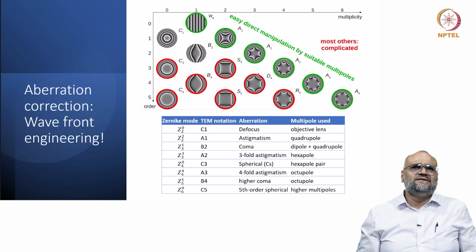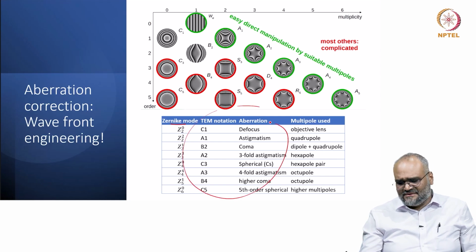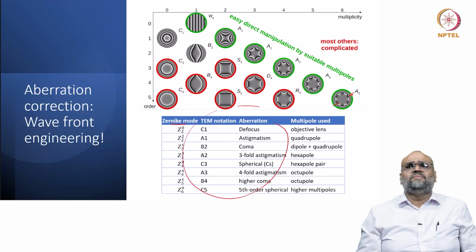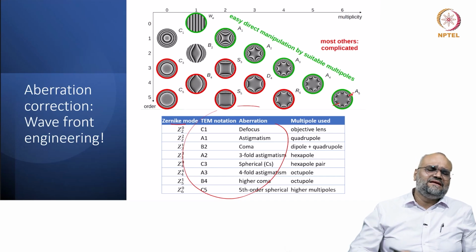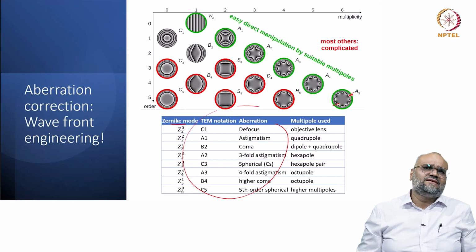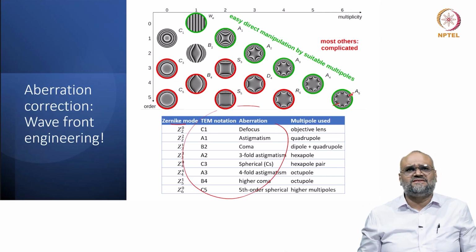of combinations, you can look at the analogies to the Zernike modes and TEM aberrations, and by engineering the wavefront, you are balancing out the electromagnetic fields to compensate for the wavefront distortions.